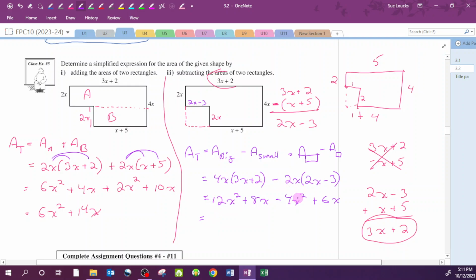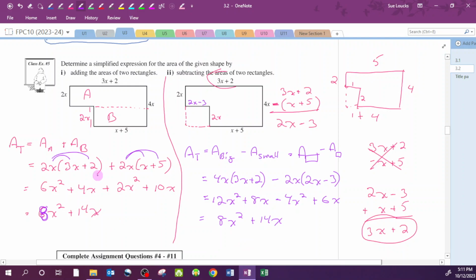I've got 12x squared minus 4x squared. Wait, that's 8x squared. Did I make a mistake on the other side? Yes, I did. This should be 8. I don't know where the 6 came from. Okay, that should have been x. 6 plus 2 is 8. So yeah, oops, sorry. And then 8x plus 6x, that's 14x. Okay, so I got the same answer both ways.